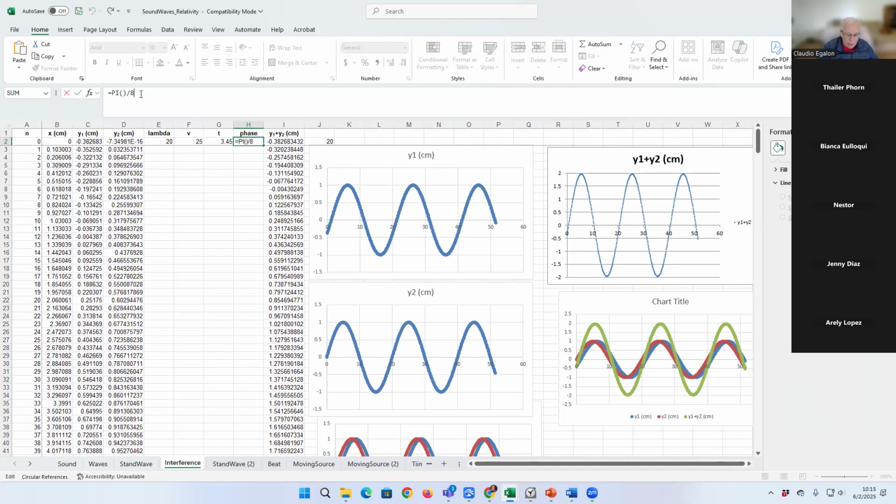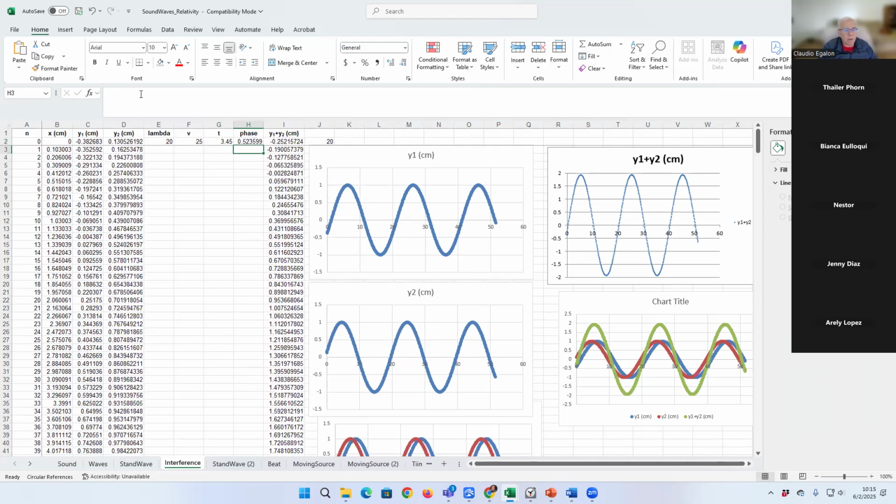I'm going to go step by step here so you can play a movie very soon. This wave moved a little bit, and we have this phase difference generating a resulting wave with slightly smaller amplitude.